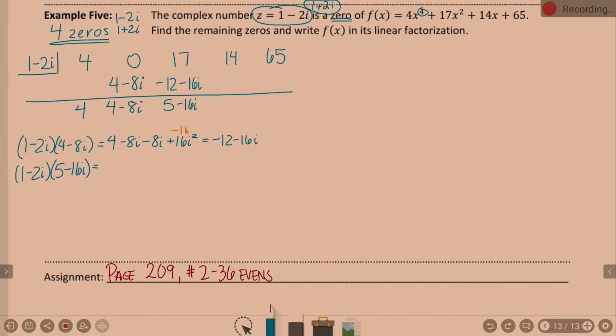1 times 5 is 5. 1 times minus 16i, minus 16i. Negative 2i times 5, negative 10i. Negative 2i times minus 16i, plus 32i squared. Then we're going to clean it up.